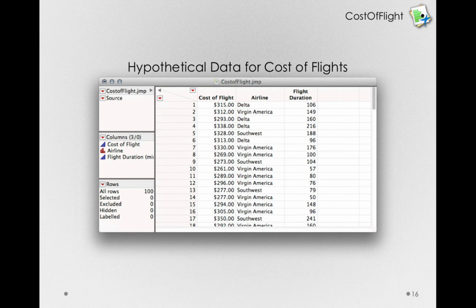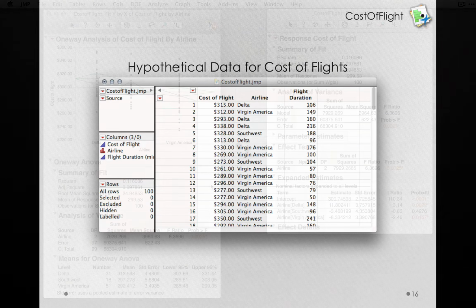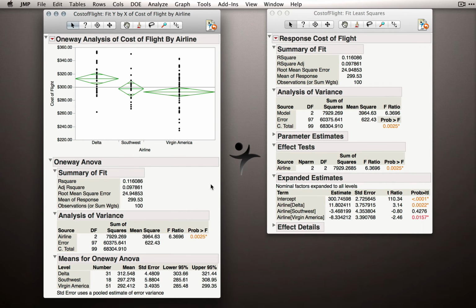Let's start with the hypothetical data for cost of flights. What I have open is the Fit Y by X and Fit Model analysis for the cost of flight data. We produced these analyses in the previous videos. Let's start on the left with the Fit Y by X platform. To produce pairwise comparisons, let's first think about what a pairwise comparison result could show us. In this case, we have 3 groups, so we actually have several pairwise tests that we might be interested in.